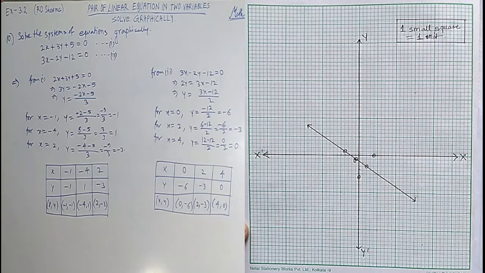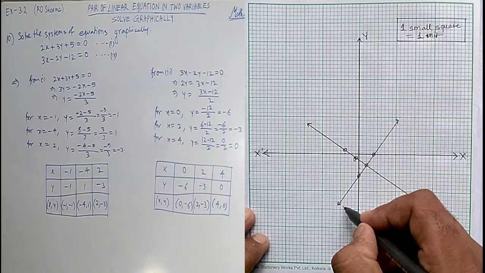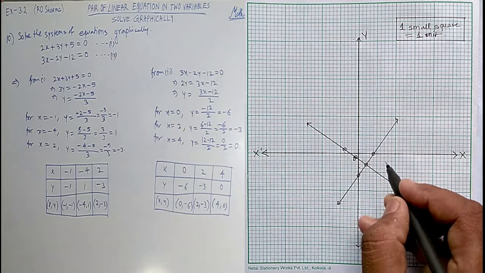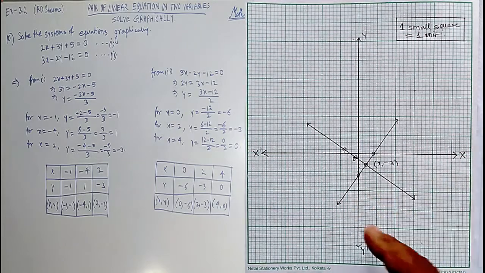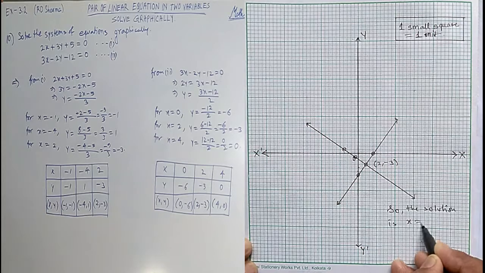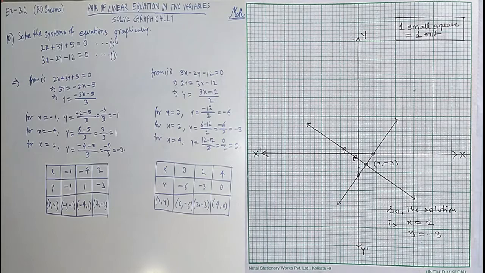Now we join these 3 points. Now I put an arrow at the end of the line because this is a line, not a line segment. Now we can see 2 comma minus 3 is the intersecting point of these two lines. So the solution is x equals 2 and y equals minus 3. That's it.